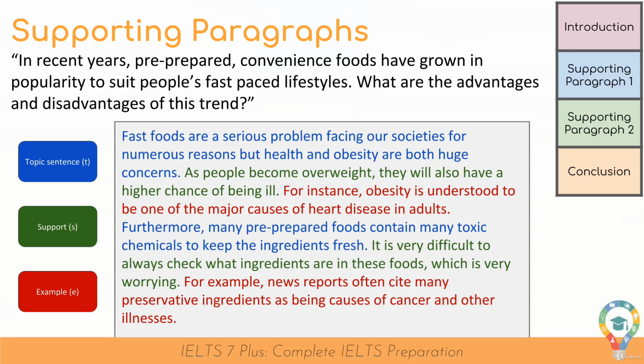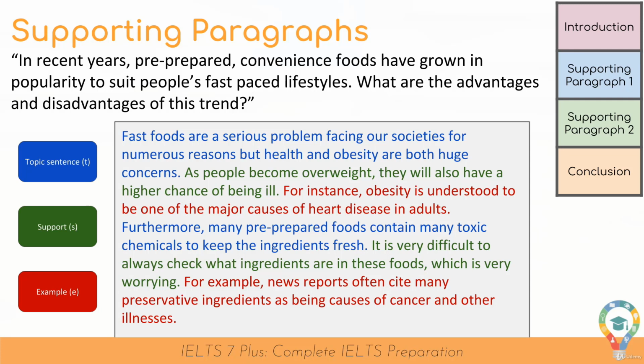Furthermore, many pre-prepared foods contain many toxic chemicals to keep the ingredients fresh. It is very difficult to always check what ingredients are in these foods, which is very worrying. For example, news reports often cite many preservative ingredients as being causes of cancer and other illnesses.